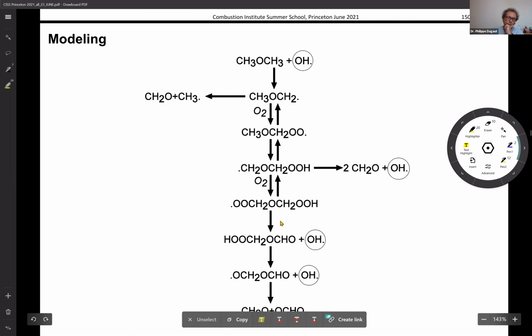And if you increase the temperature still, the formation of the initial peroxy radical will almost disappear, and there will be decomposition of the first radical CH3OCH2 to form formaldehyde and methyl radical.